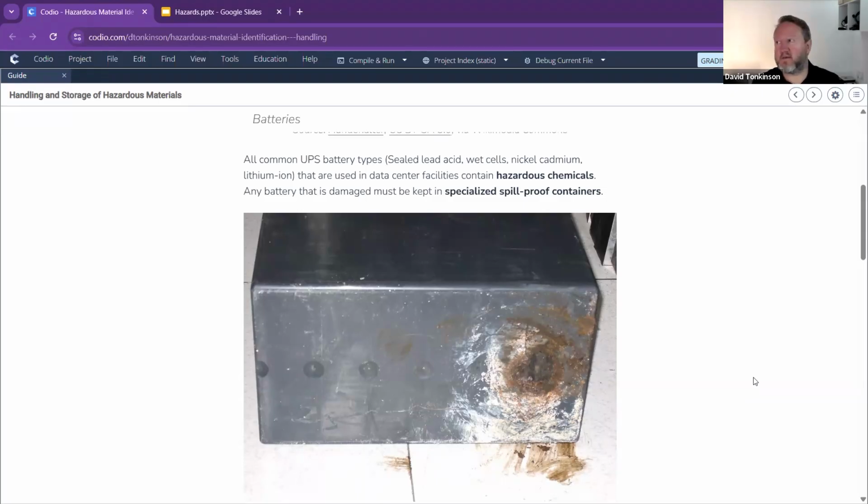You've all seen images on YouTube of batteries going wrong on cheap scooters that people have purchased, where they've caused house fires while on charge. So we need to be aware of those things, containing them and putting them into a fireproof container.